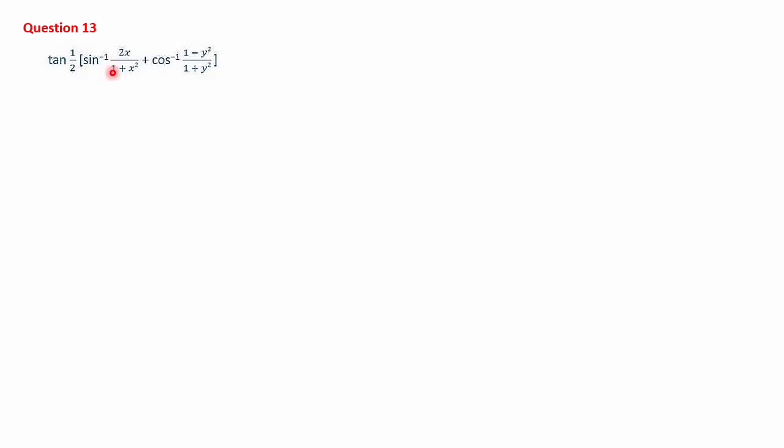Let's take these two terms separately. First, we will take the first term, sin inverse 2x by 1 plus x square. As we discussed before, we can substitute x as tan theta. Then sin inverse of 2 tan theta by 1 plus tan square theta.